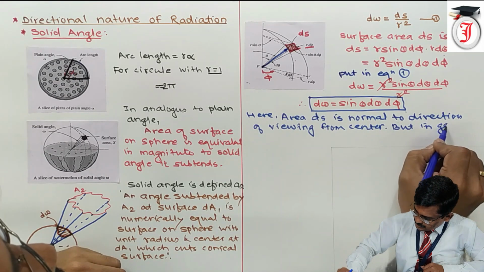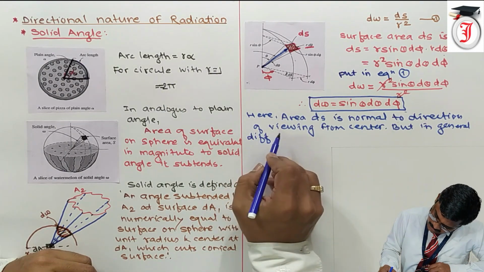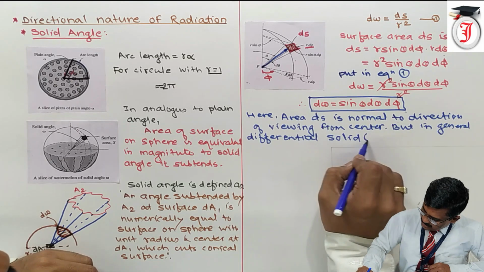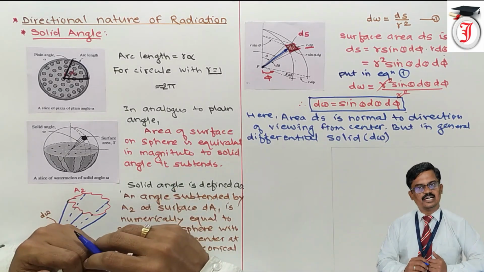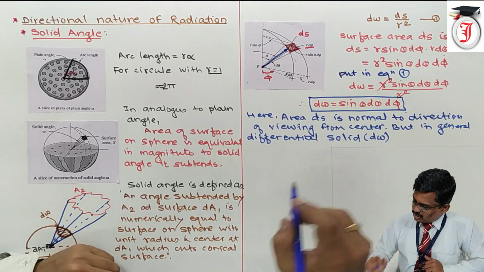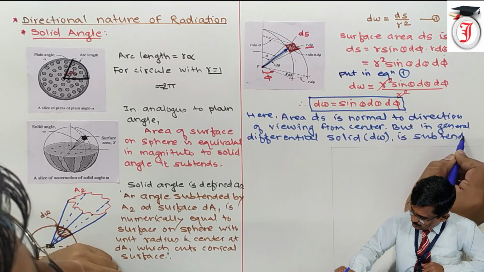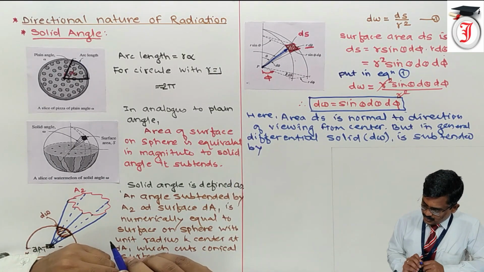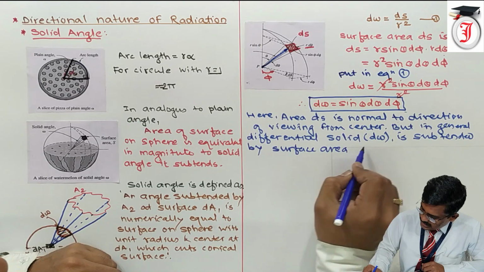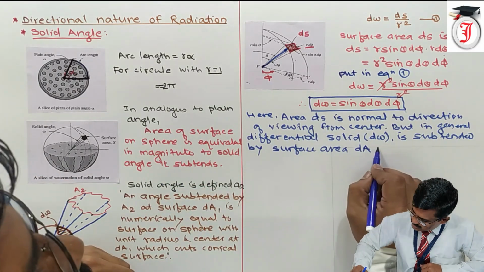But in general, a differential solid angle d omega is subtended by a differential surface area dA when it is viewed from a point.